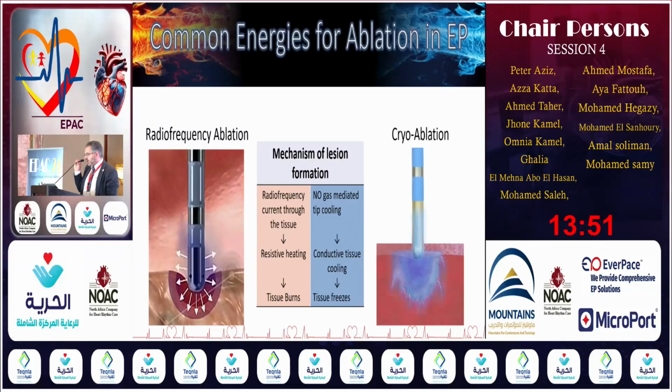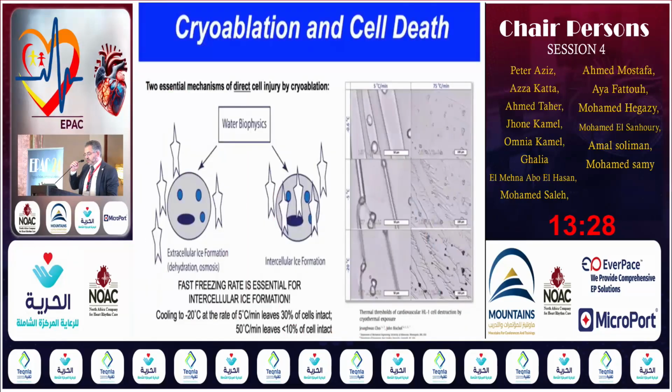Now, with cryoablation, the lesion formation is fundamentally different. So we inject gas, nitrous oxide, in the catheter, and this gas leads to excessive cooling of the tip of the catheter, which causes a cooling of the tissues it touches, and from that point, temperature drops to the surrounding tissue. So the way it kills tissue, it creates a lesion, is by forming ice intracellularly and extracellularly.